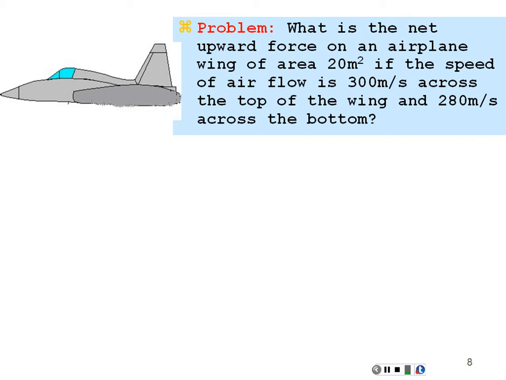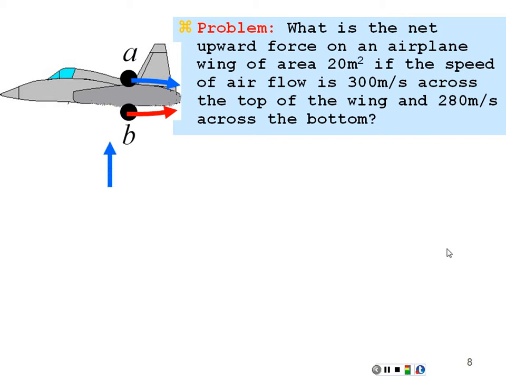So when the flow of the air is faster, the absolute pressure is lower. Hence, across the top of the wing where the air's flow is faster at point A, there will be a lower pressure than at point B, and that pressure difference between A and B pushes the wing upward.